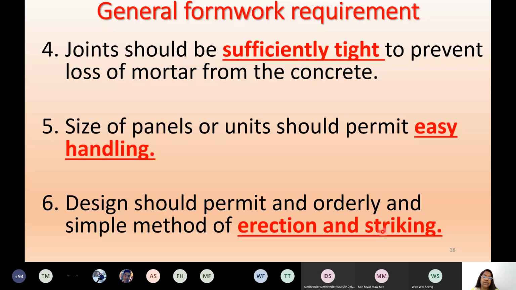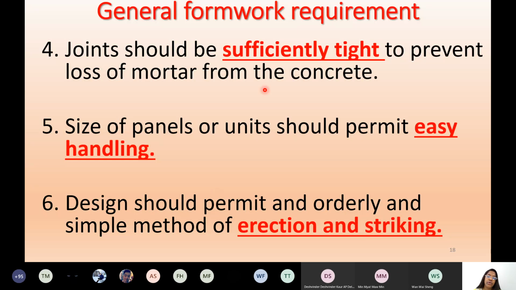Yes, your form design, the size and the shape that you have designed, should be easily handleable, right? Although you're going to pour inside, the column form should be of a size which can be moved from the place where the centering work is going on to the place where it is supposed to be constructed.